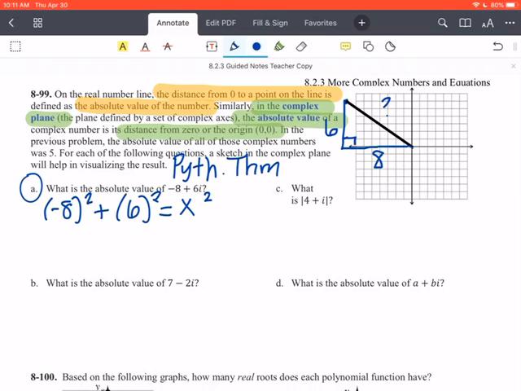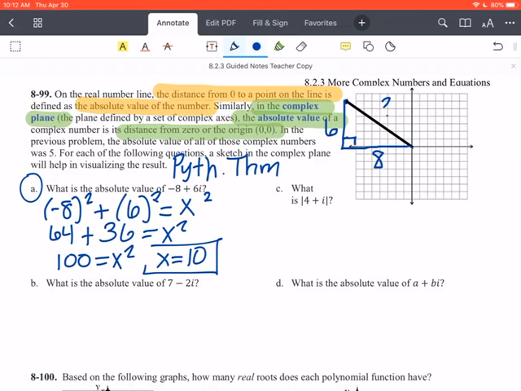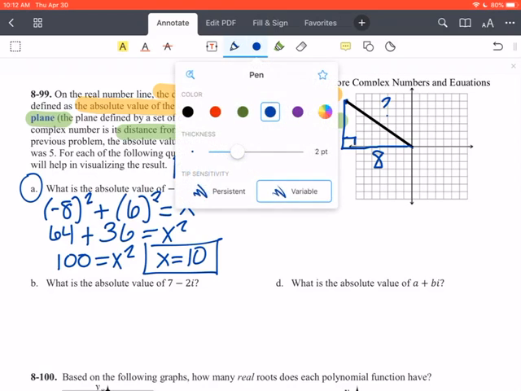So when we do this, we get 64 plus 36 equals x squared. And you solve from there. We're all masters at the Pythagorean theorem. 100 equals x squared. What do we do to both sides? We square root to undo. So we get x equals 10, which isn't shocking because 6, 8, 10 is a multiple of the Pythagorean triple 3, 4, 5.